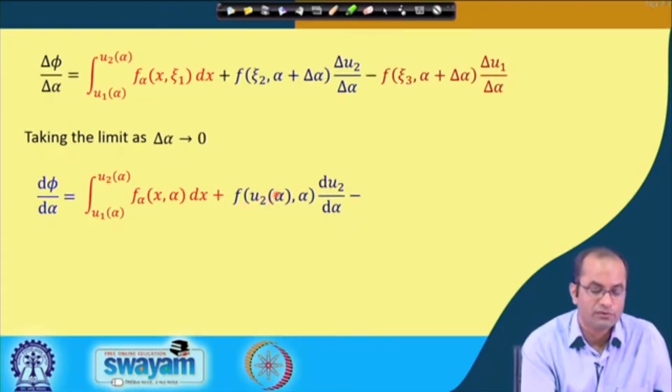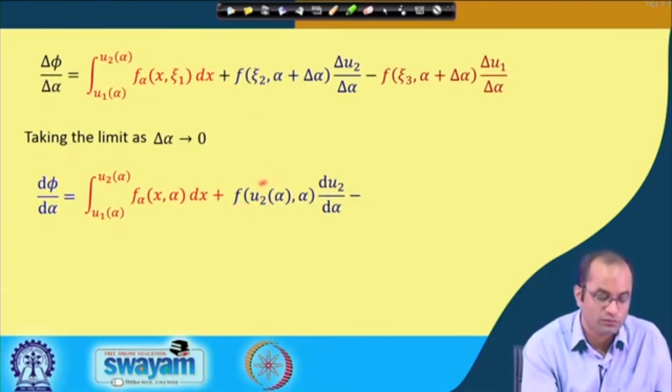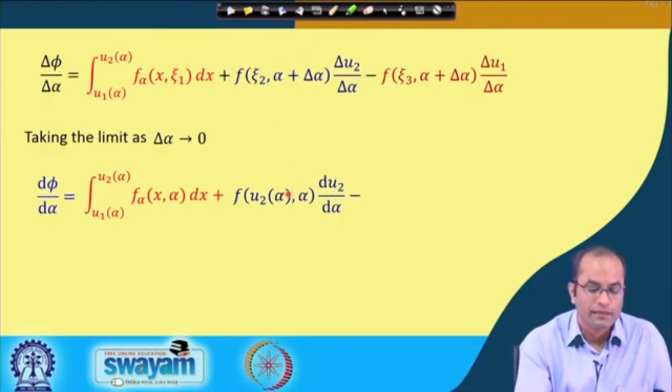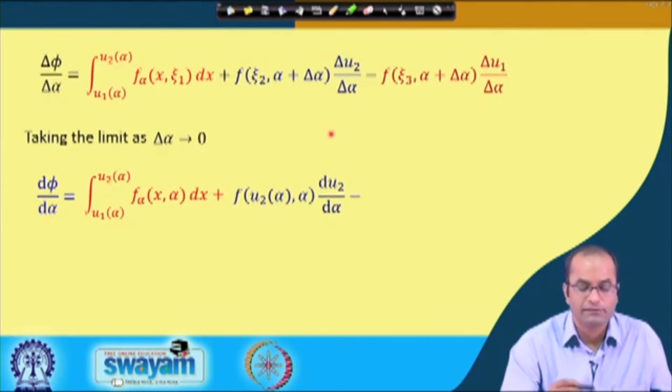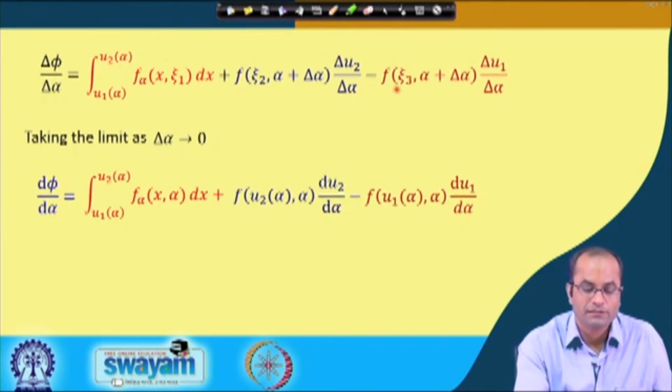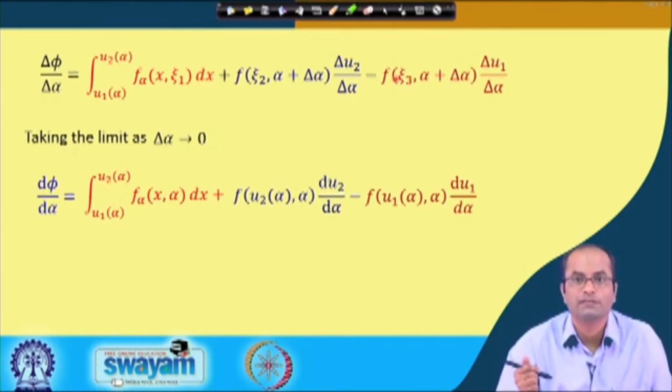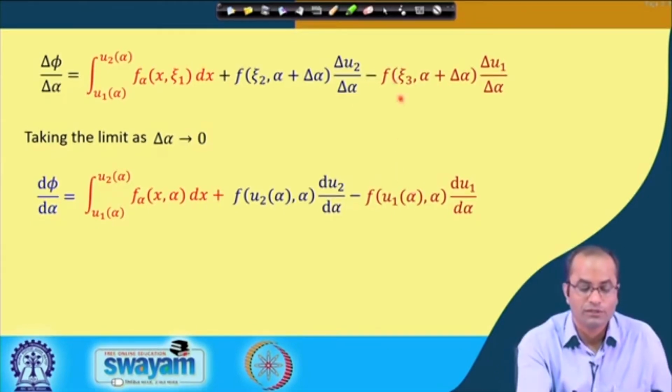So, when delta alpha goes to 0, this xi 2 will go to u 2 alpha, and here also this will go to alpha, and this will become the derivative again, du 2 over d alpha, minus the same thing here: the xi 3 lies between u 1 alpha and u 1 alpha plus delta alpha, and when delta alpha goes to 0, this xi 3 will go to u 1 alpha.